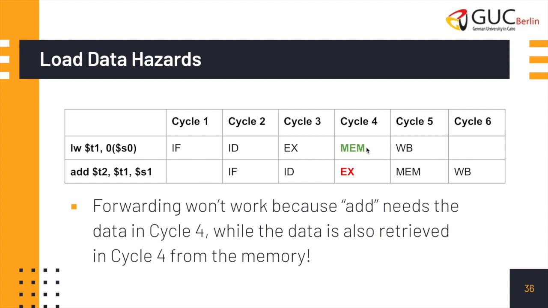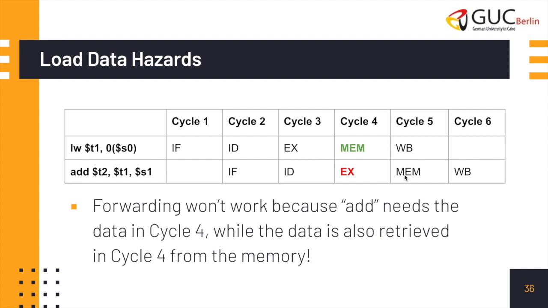Okay, I can forward in the upcoming clock cycles. So I need to stall instruction 2 by one clock cycle. So its execute stage will become clock cycle 5. So I can forward from the memory stage to the execute stage, from clock cycle 4 to clock cycle 5.